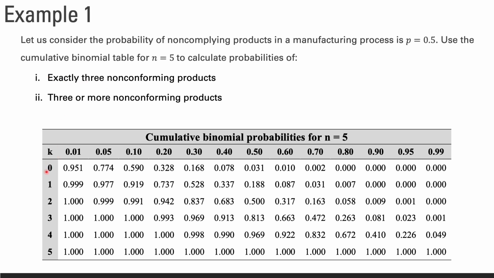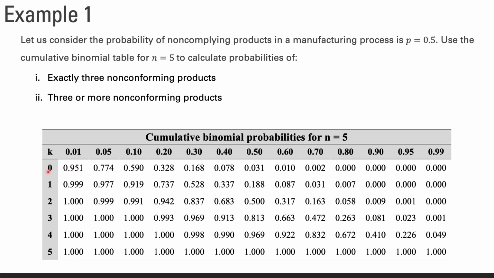So 0 means 0 non-conforming products, 1 means 1 non-conforming product, 2 means 2 non-conforming products, and 3 means 3 non-conforming products, and so on. And this white area carries the probabilities.